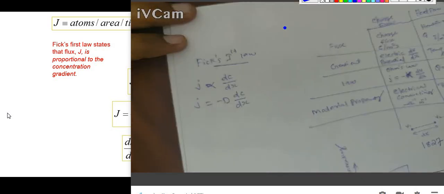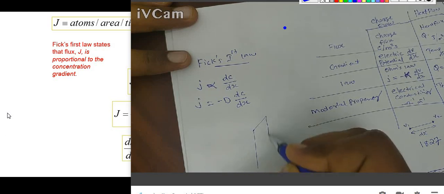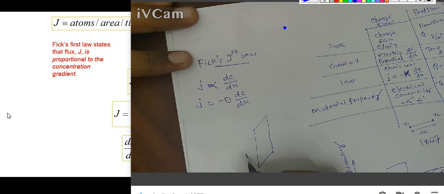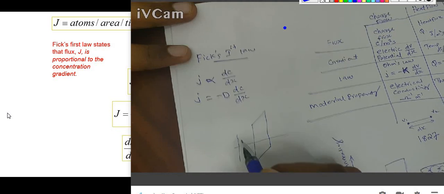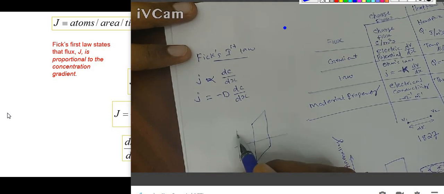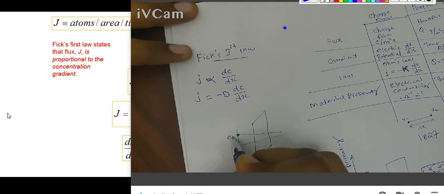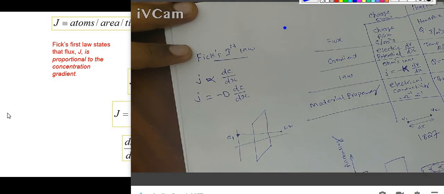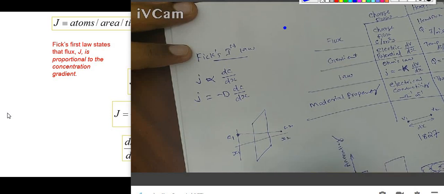For example, I am taking a unit cross section area. In that unit cross section area there is a concentration difference, so I am plotting a graph across this area. Here I have C1 concentration and here I have C2 concentration, and here this is X1 and here it is X2.